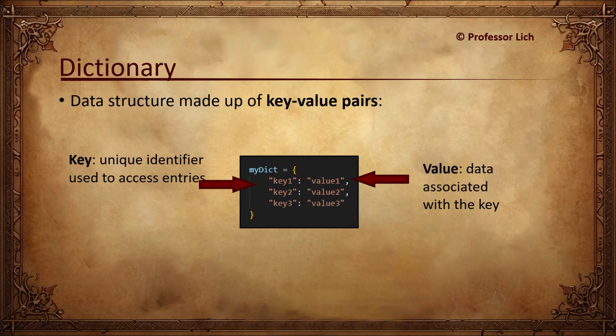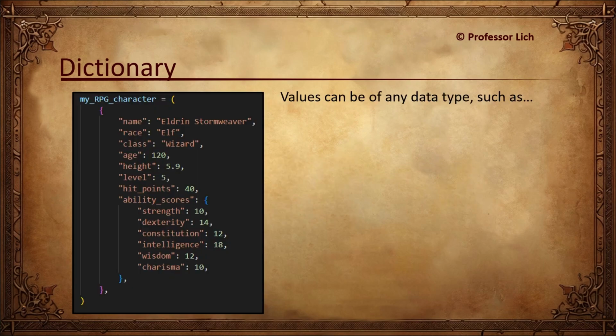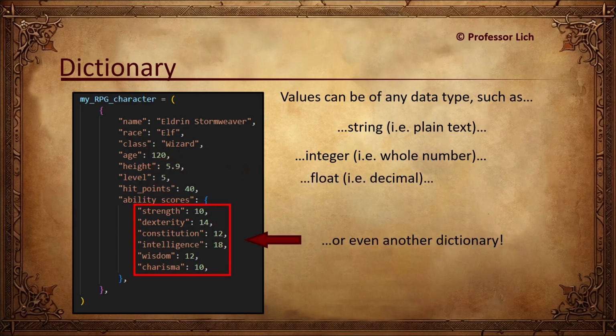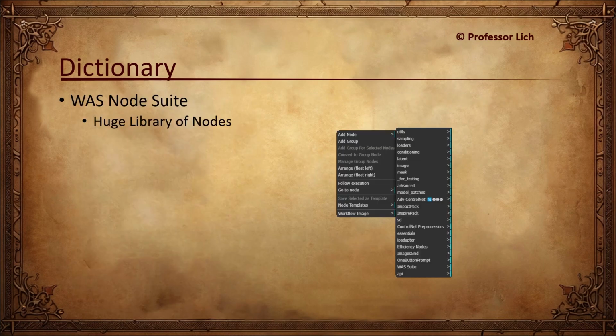They are here in this example, but they don't have to be. In principle, you can have any data type. For example, here you can have plain text, a whole number, a decimal number, or here is a dictionary. So that's right, the value assigned to a key can be a whole new dictionary as well.